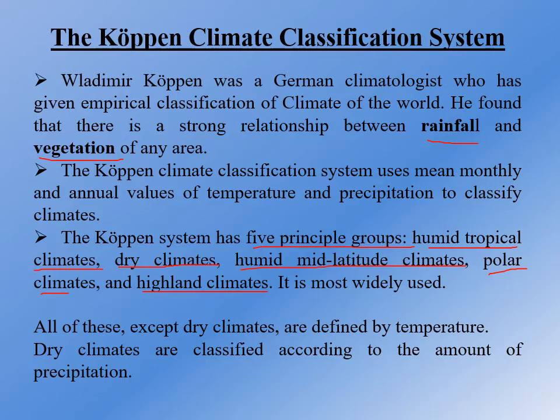Now, all of these different groups of climates are mainly based on the basis of precipitation, except the dry climate, which is defined on the basis of temperature.